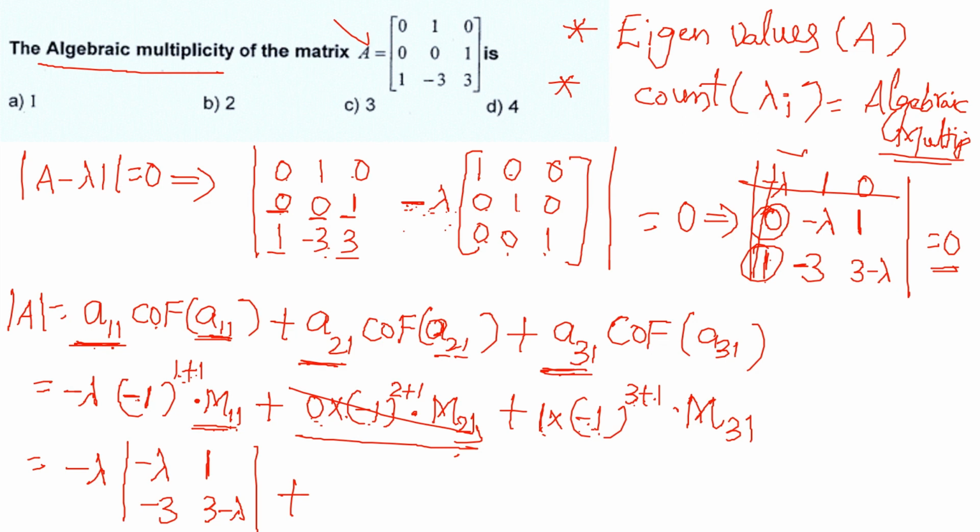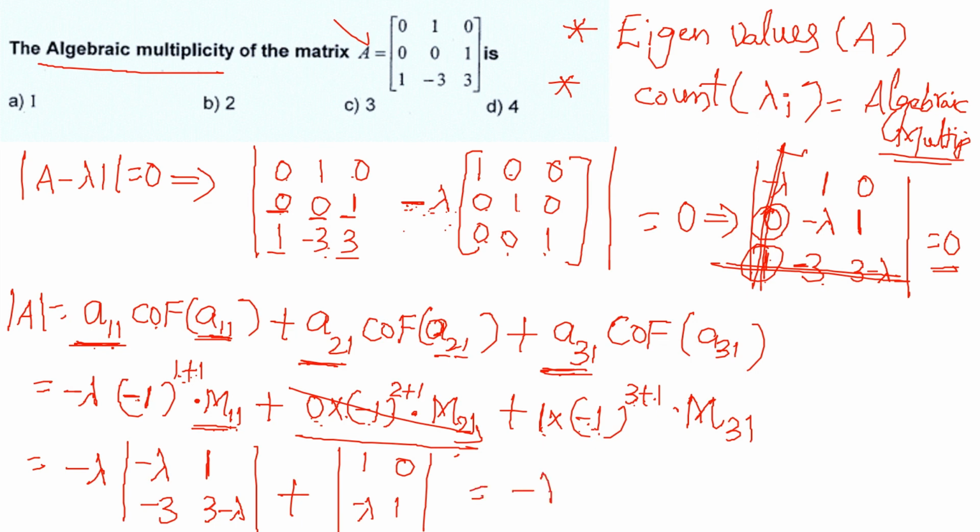In order to find the minor of 31, you have to delete the third row and first column. So the third row is this one, I am deleting this one, and the first column is this column. So I am deleting the first column and third row, then writing the remaining elements here, that is 1, 0, minus lambda, 1.